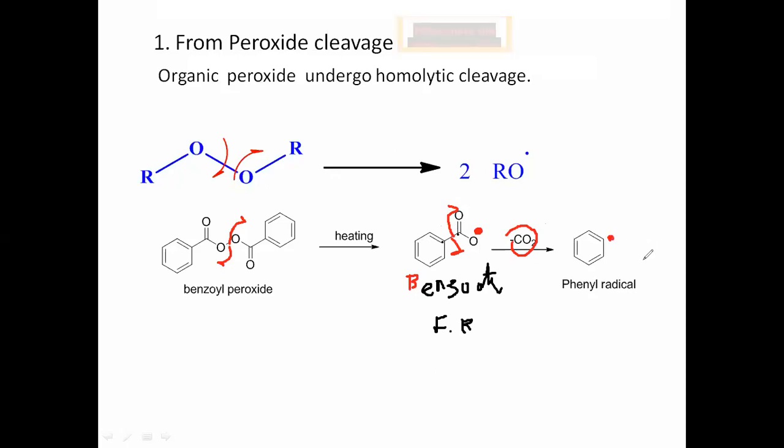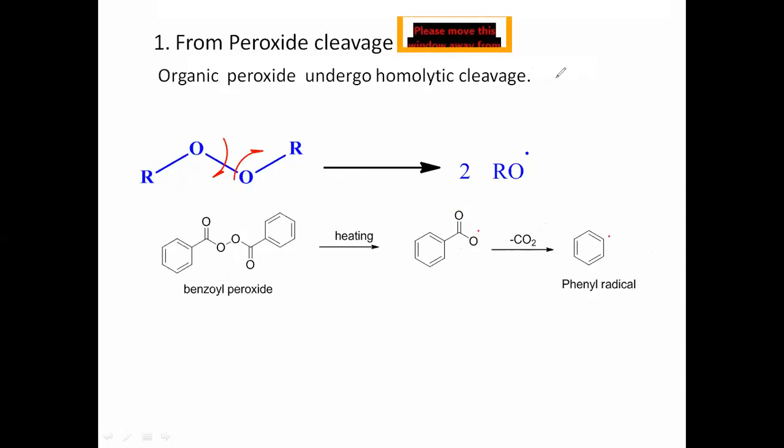This phenyl radical now interacts with the other reactants in the reaction, and it propagates the chain, called a chain propagation reaction. So here benzoyl peroxide undergoes homolytic cleavage, and it forms such free radicals.